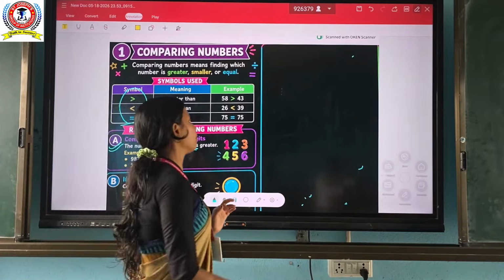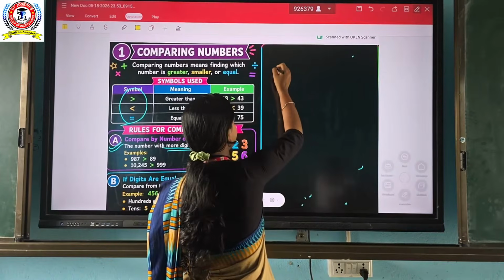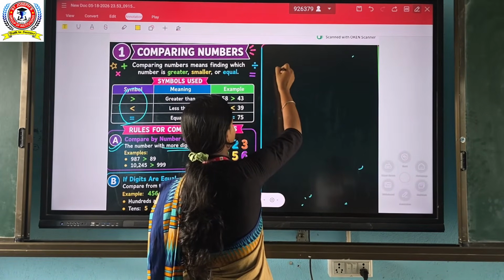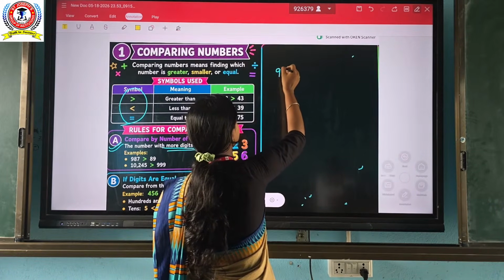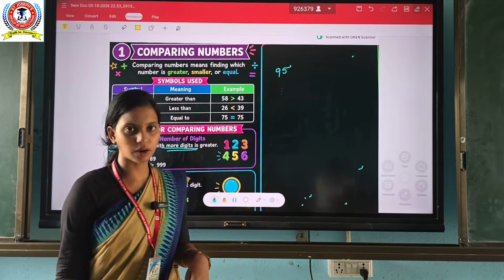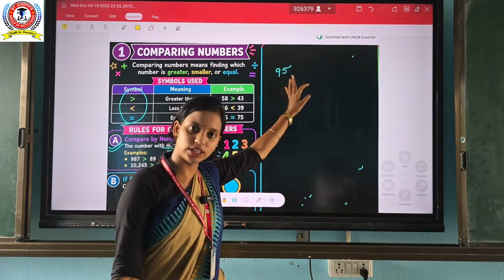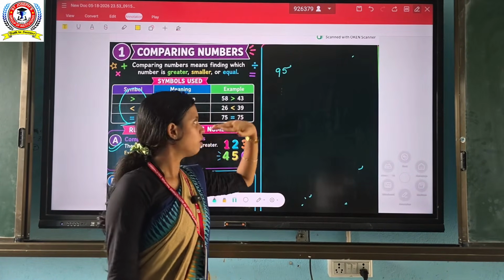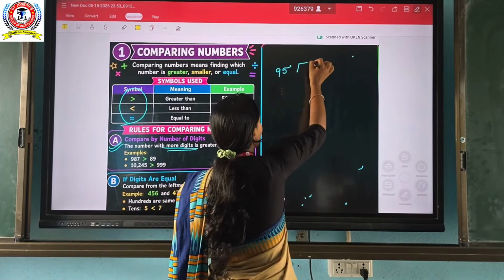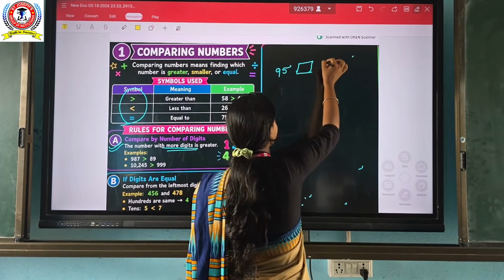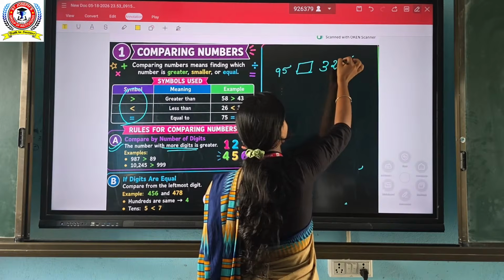Let's take an example. Here I take a 2-digit number, 95. It's a 2-digit number because it has 2 digits, 9 and 5. Next I take a 3-digit number, 325.